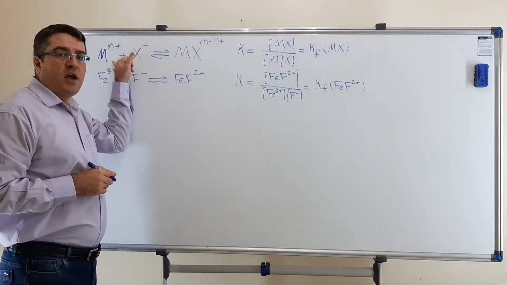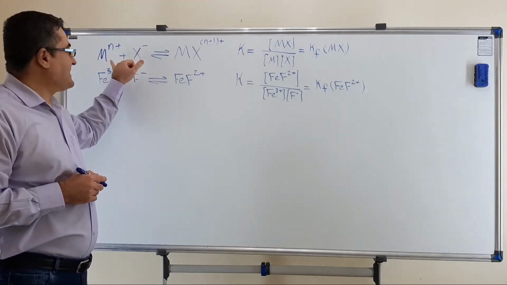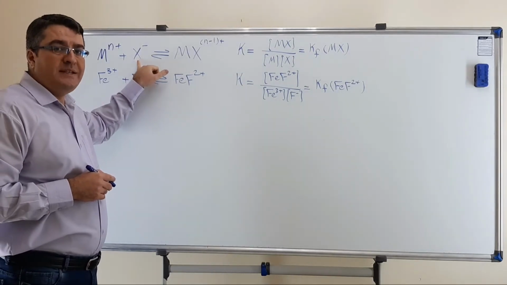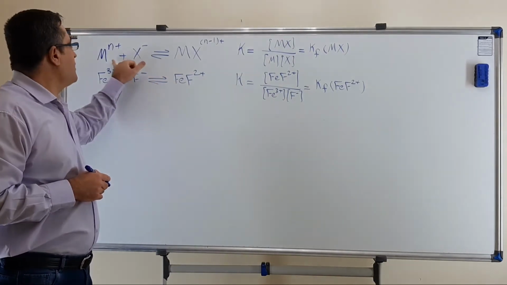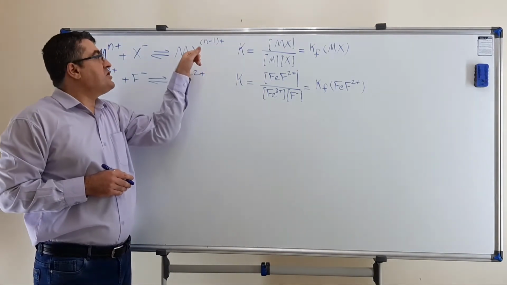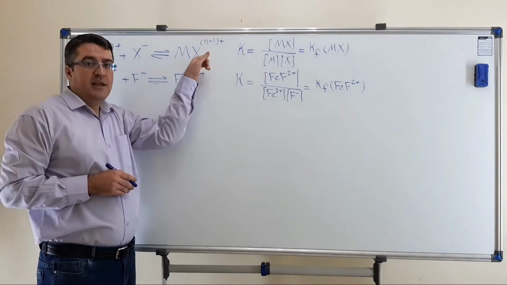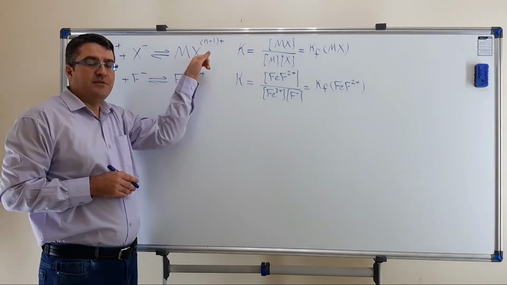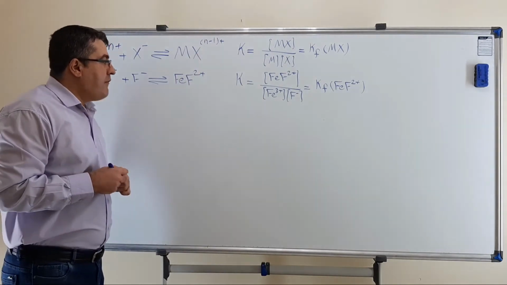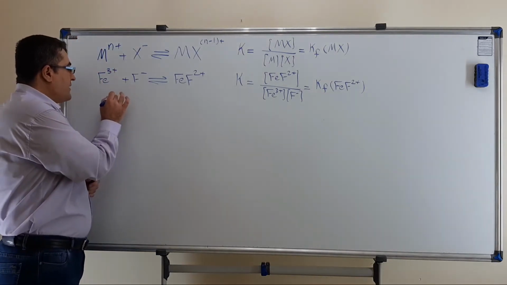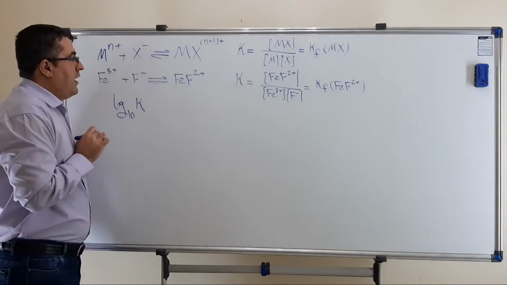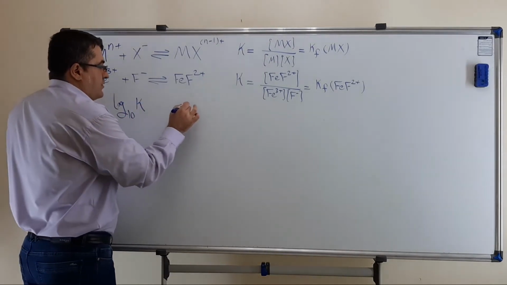Here, metal cation acts as a Lewis acid, and halide anion acts as a Lewis base. They react with each other to form the Lewis adduct MX, which is also a coordination entity studied in coordination chemistry. Values of decimal logarithm of K are as follows.